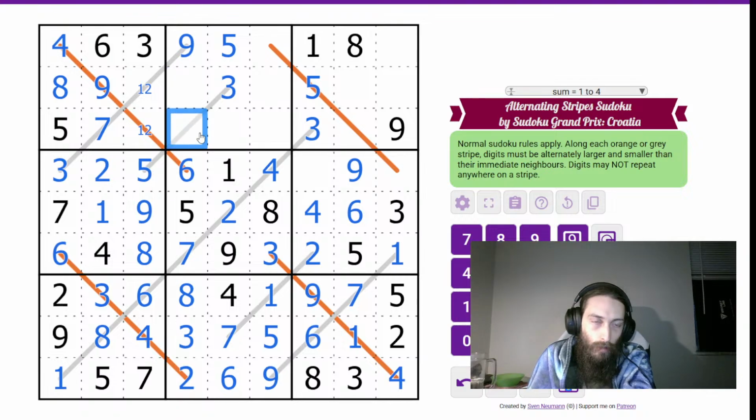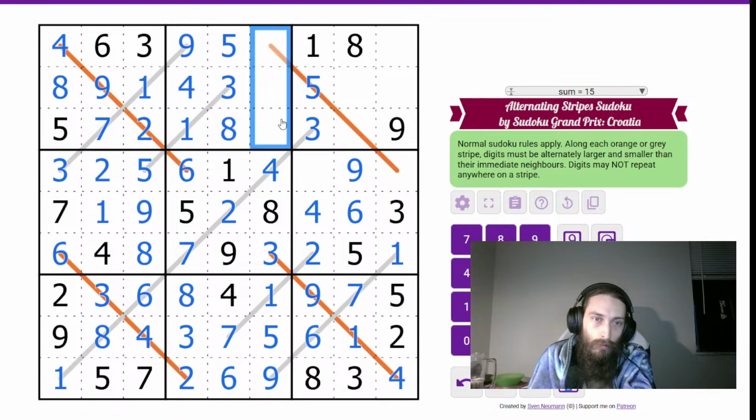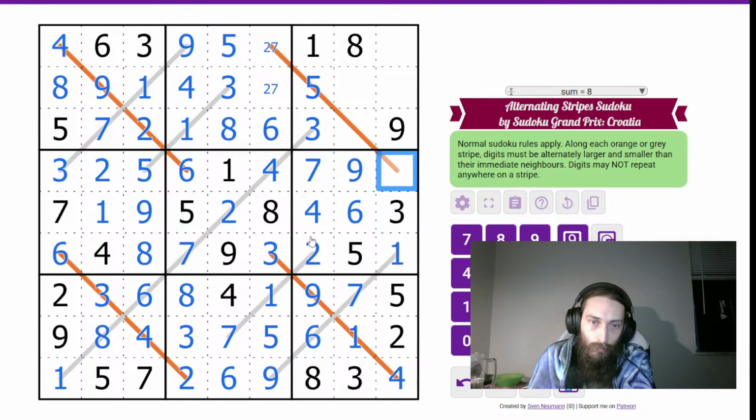And this cannot be a 4. It can be 1 or 2. 4, 6, 7, 8, 9. But it can't be those, so that's a 1, 2, 1, 4, 8, 8. 2, 7, and 6, 7, 8.